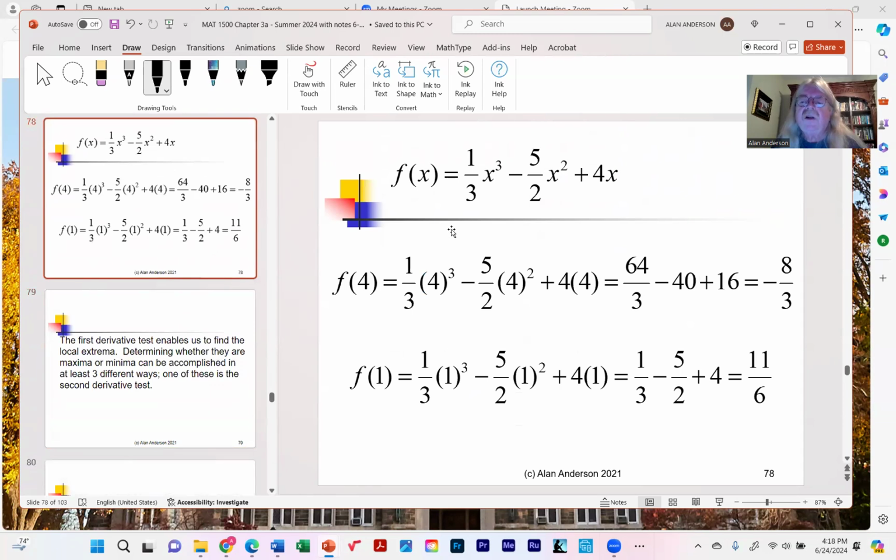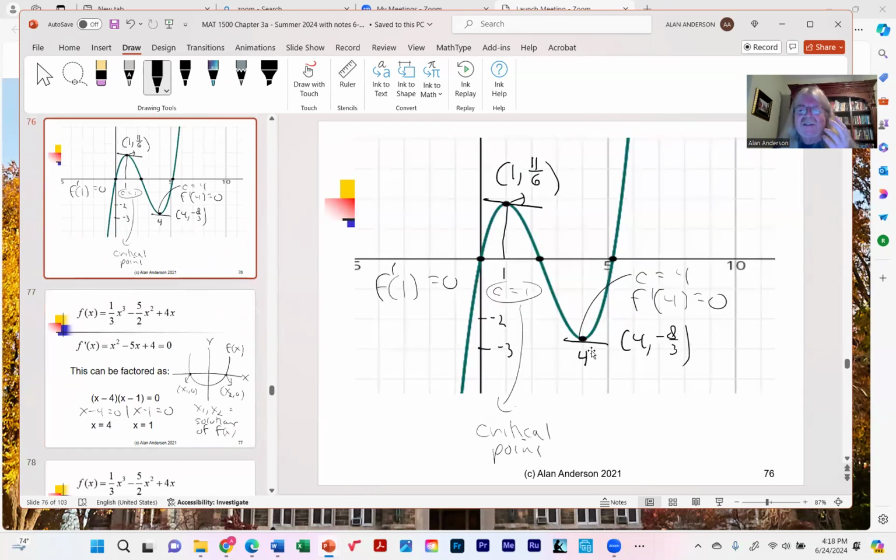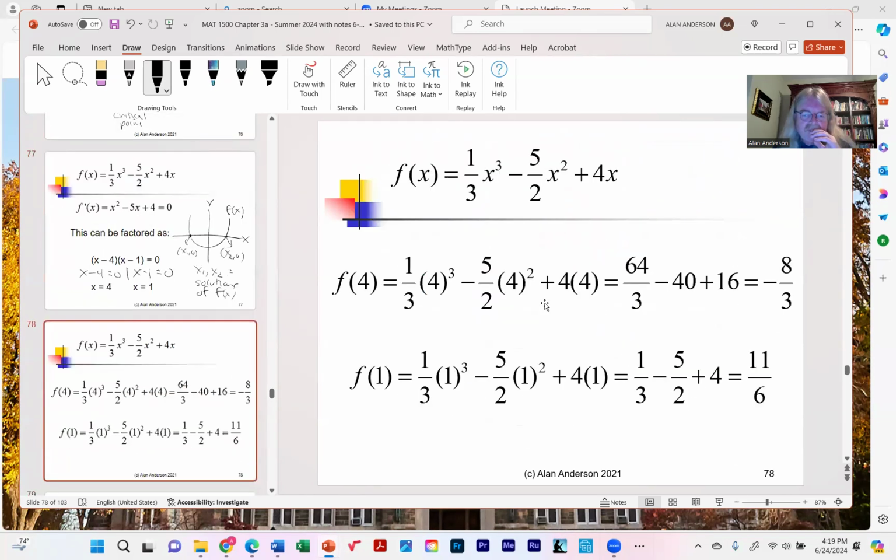Now, as far as the identity of these points, we can solve for f of x, the original function, at these 2 points. But it's really the x that's the important number. But visually looking at it, you can see that the first derivative equals 0 at those 2 points.